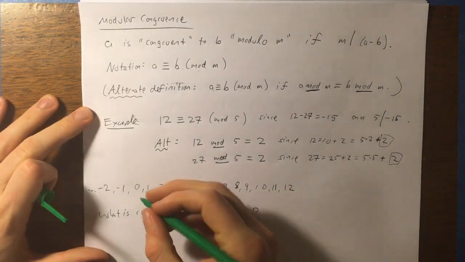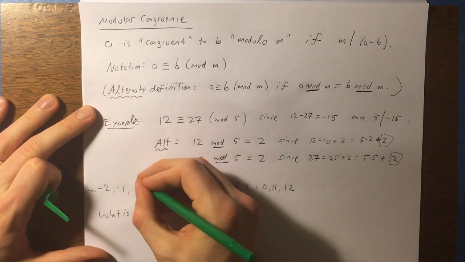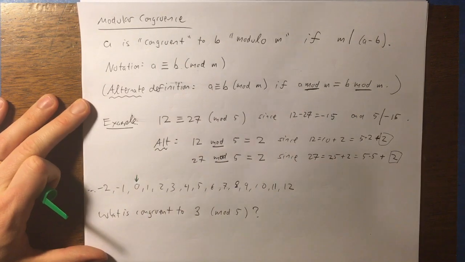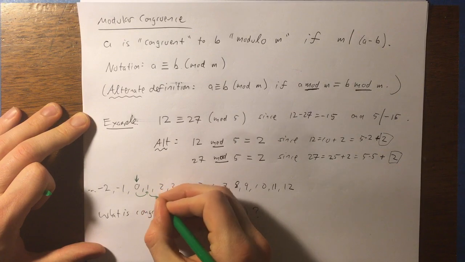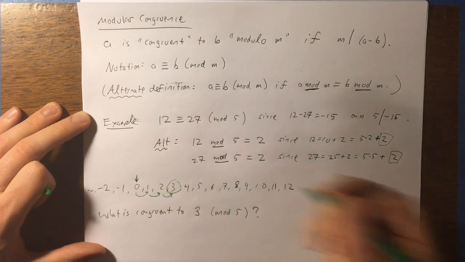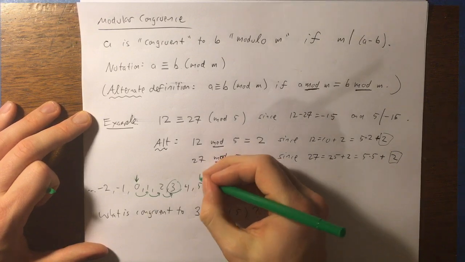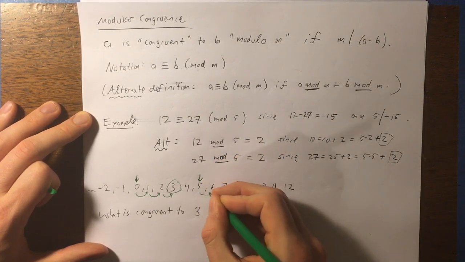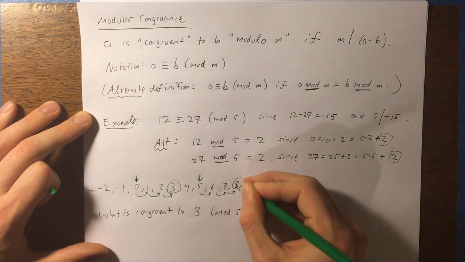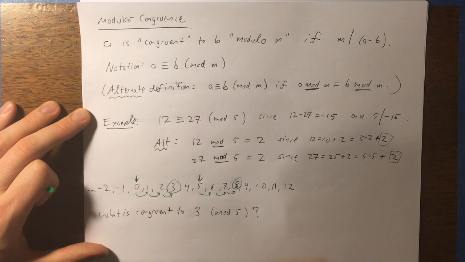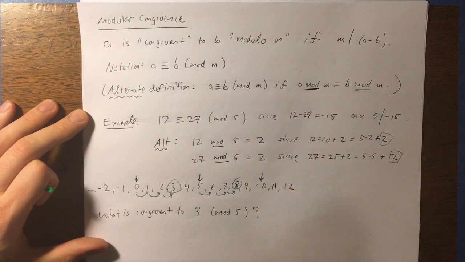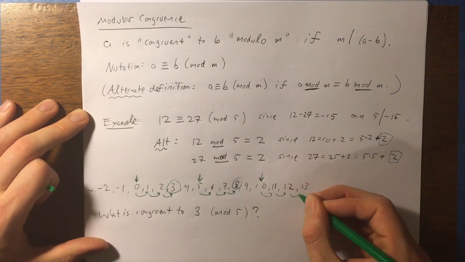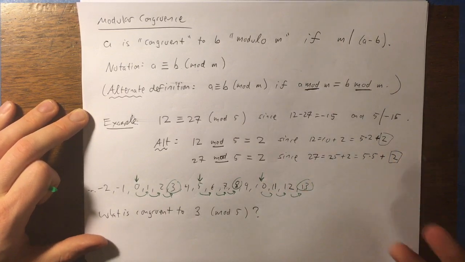Well, what you can do is look for multiples of 5, starting with 0, the simplest multiple of 5, and then add 3. So 3 is congruent to 3 mod 5. Find another multiple of 5, and then add 3: 8 is congruent to 3 mod 5. Here's 10, and then add 3: 13 is congruent to 3 mod 5, and so on.